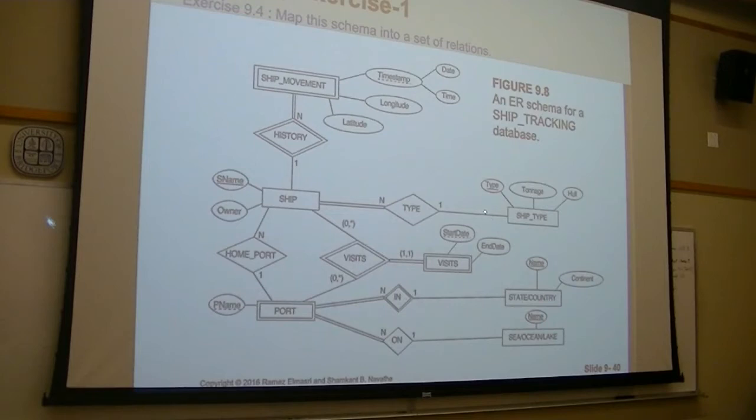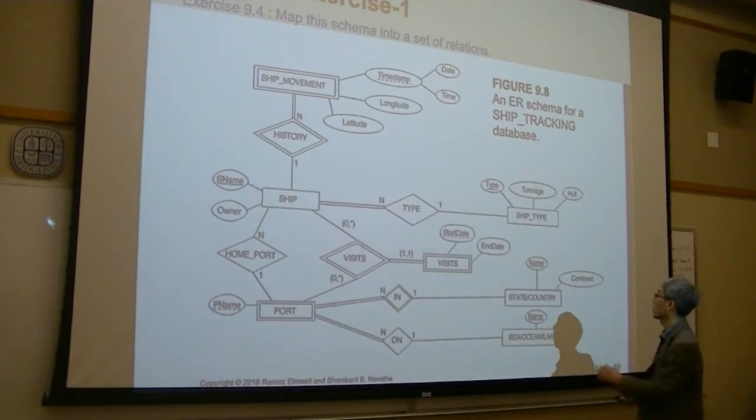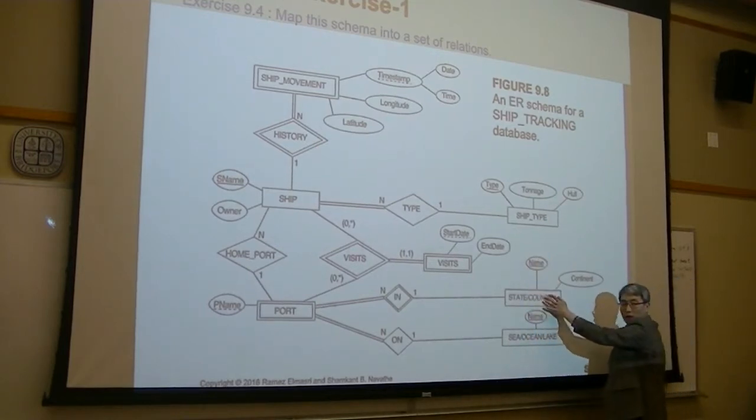This is really complicated because of the weak entity. Like here, the port is a weak entity. Weak entity with what? State, country, because it's the identifying relationship. Also, visit is a weak entity, with both ship and port. So the primary key of the port is the port name plus the name of the state and country.